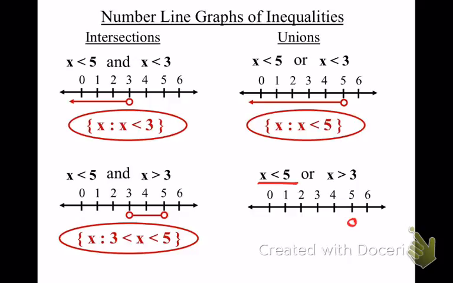Good, and I'm going what direction? You are going to the left. And then you put an open circle on 3, and I go to the right. Now in this case, this is a union. So what is the solution? How about Julia?